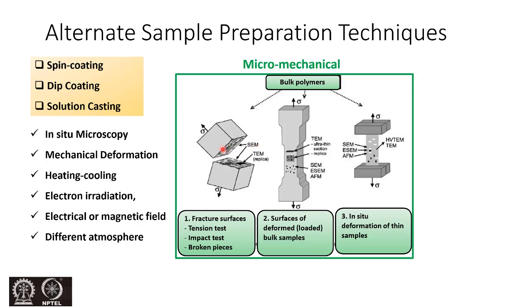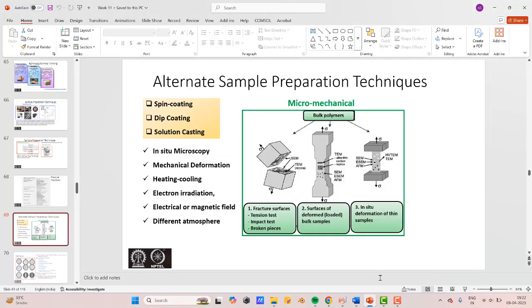Suppose we need to check the surface fracture. So in the tension test or impact test, we can observe the changes, and then cut the sample from here and do the SEM or TEM from here. And then if we want to deform the sample, then suppose the cross section gets thinner, so from here we will take out the sample for TEM and also for SEM, or AFM can also be done.